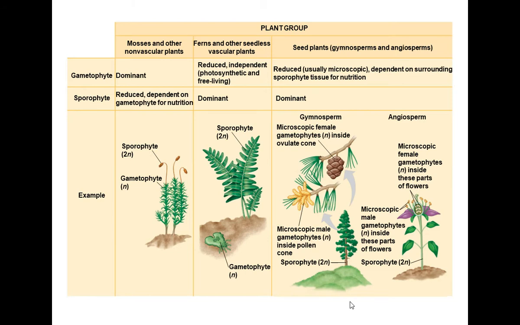And it shows a little bit more of how we get the female and male gametophytes for the angiosperms as well as for the gymnosperms, and how the gametophyte, excuse me, is not going to be gender based in the seedless vascular plants.